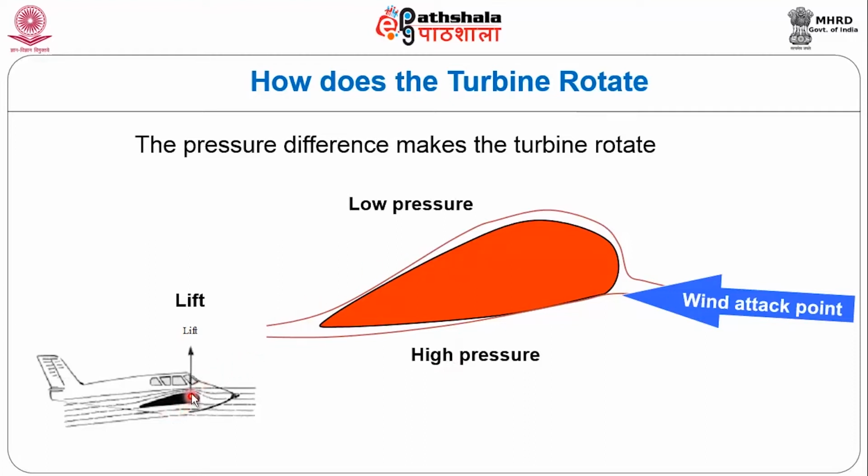So there will be the lift force and drag force, and the lift force helps to rotate the blade. The drag force will try to pull it down, but this drag should always be minimized and the lift has to be maximized.